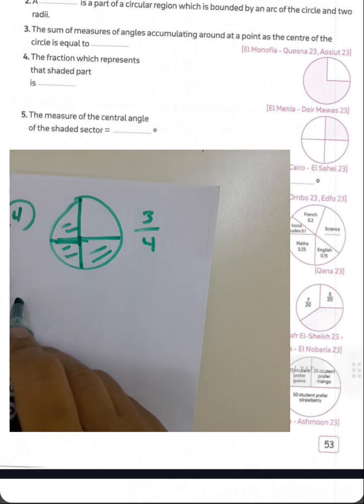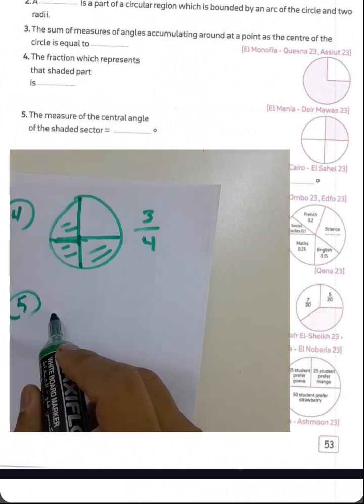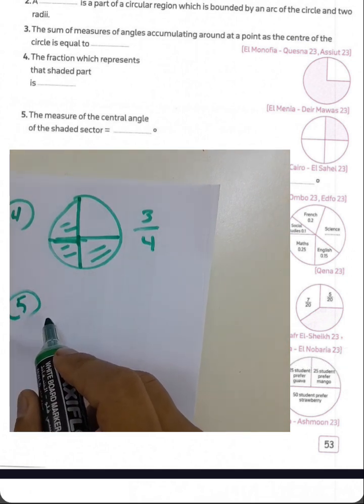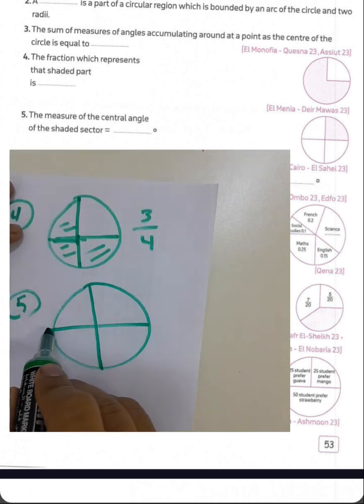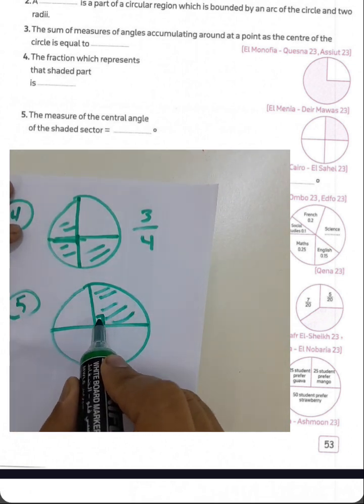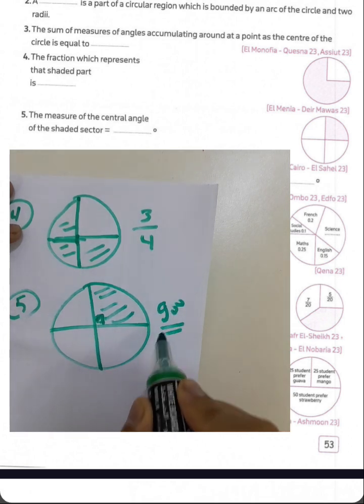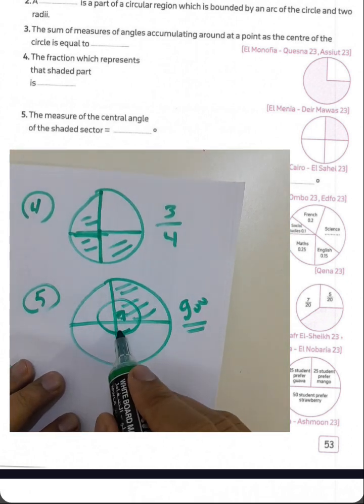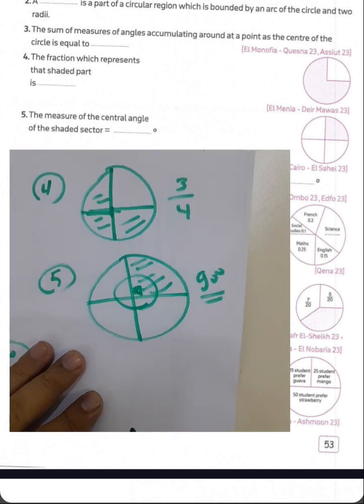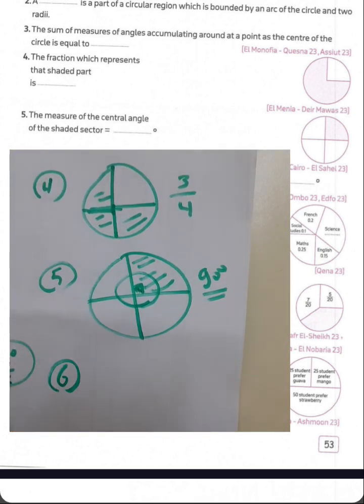Question number 5. The measure of the center angle of the shaded sector here. We have a sector, it's the colored part, and the angle here will be 90 degrees. The measure of the center angle of the shaded sector will be 90 degrees, because 360 divided by 4 is 90 degrees. Question number 6.